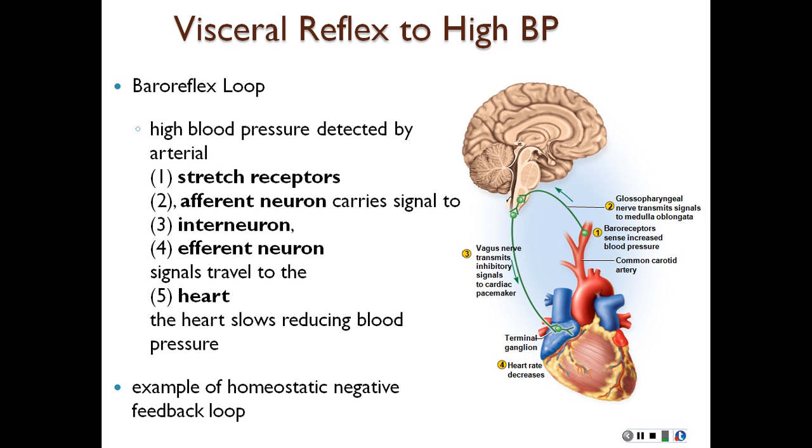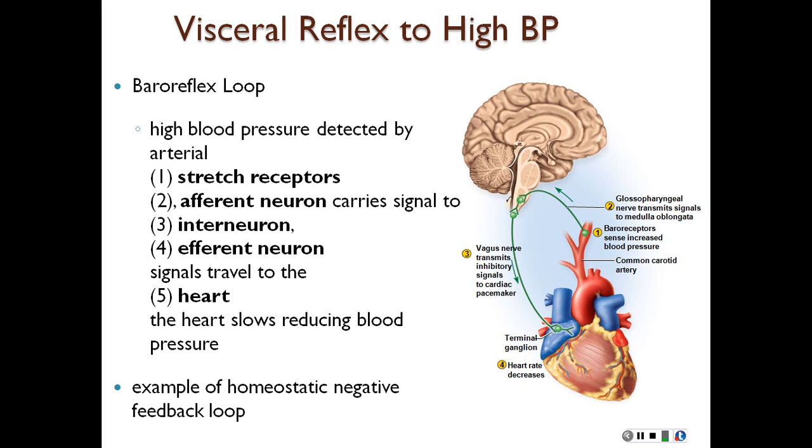So the interneuron. So remember what the function of the interneuron is? Exactly. So the CNS receives the information, interprets the information, and makes a decision on how to fix the problem. So now the brain, the medulla, has received a signal that the blood pressure is too high.